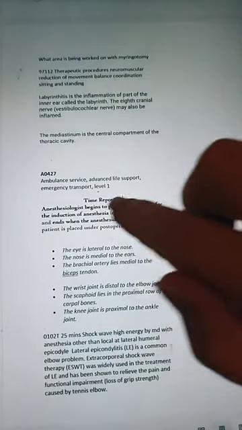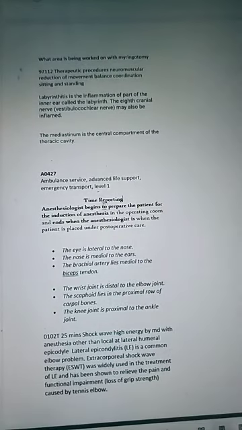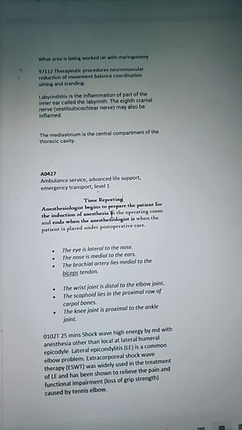So anesthesia begins, that's a clarification, begins when the anesthesiologist starts to prepare the patient for induction of anesthesia. My understanding of that is you're preparing the patient for anesthesia when you're asking them, do you have any loose teeth?